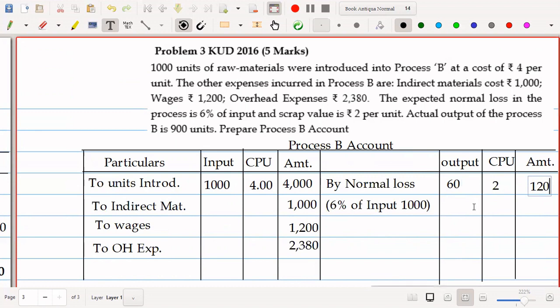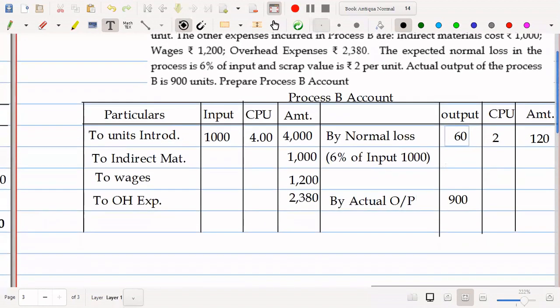And let's see what's given as the actual output. Actual output was 900 units. Now let's check the total of both input and output.